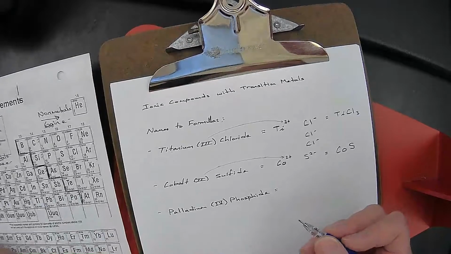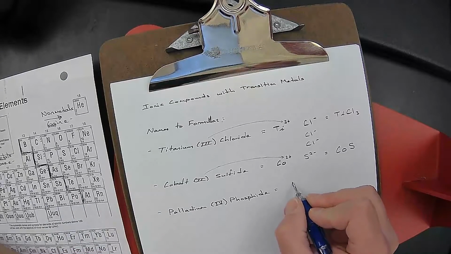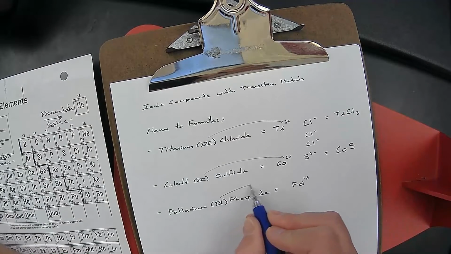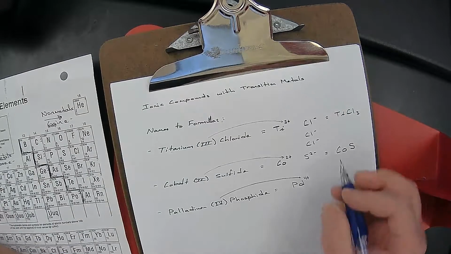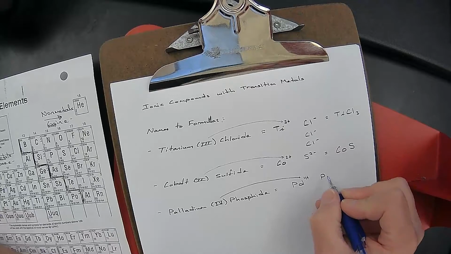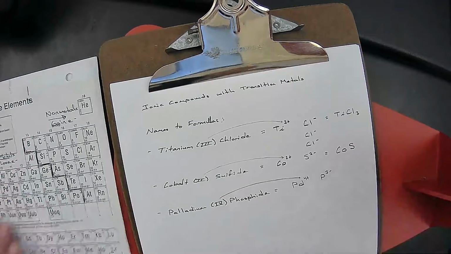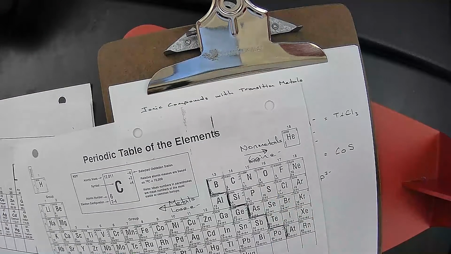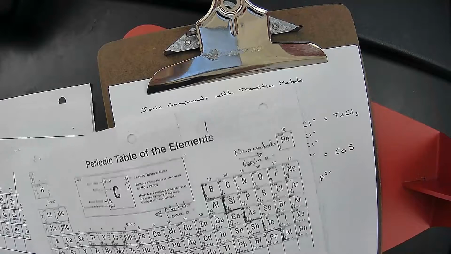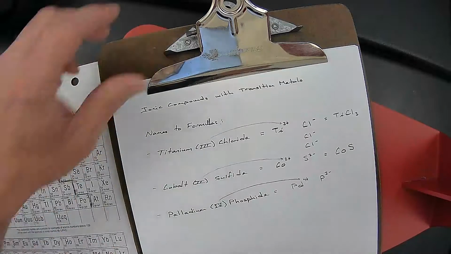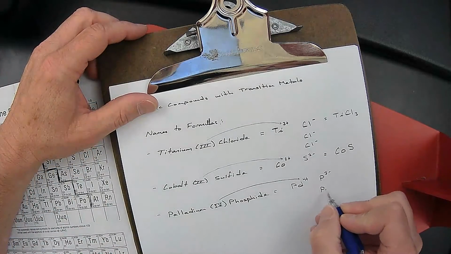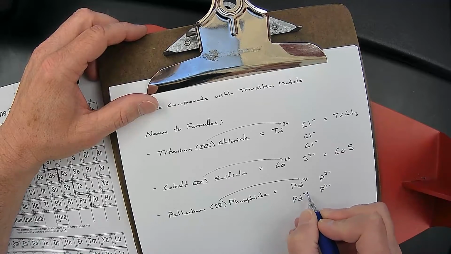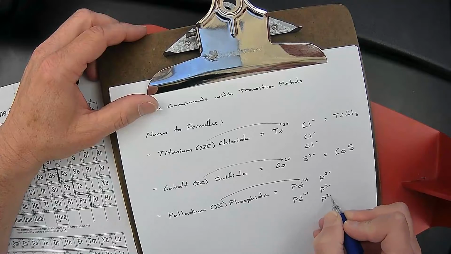In this case, the Roman numeral 4 for palladium indicates that it's a 4+. Palladium 4 phosphide, a P with a 3-, because it's in column 5A. So we need these to match, which means I need another P with a 3- and then a Pd with a 4+, another P with a 3-.